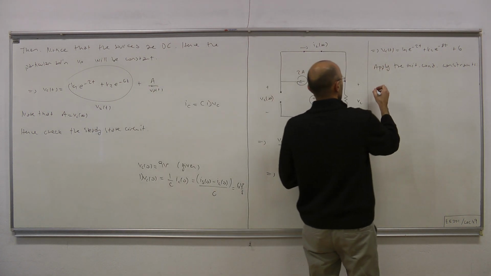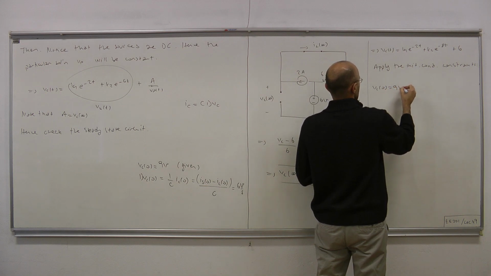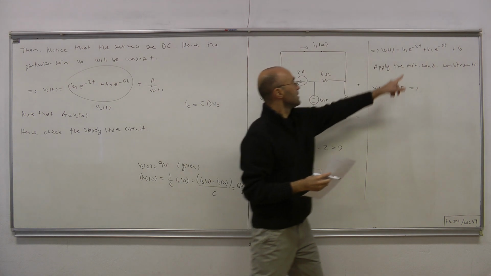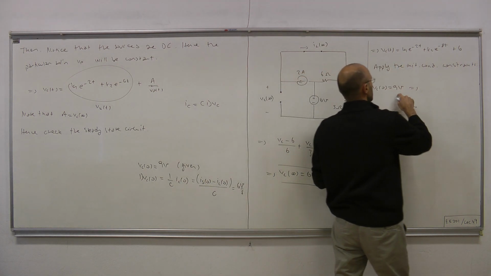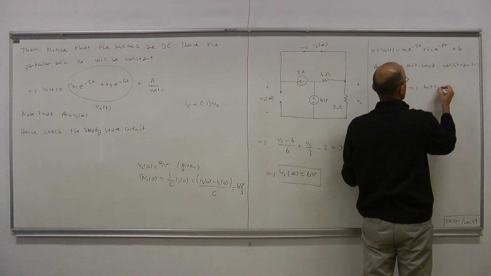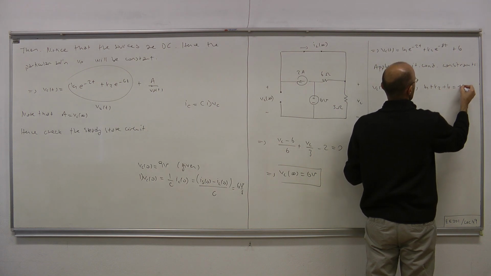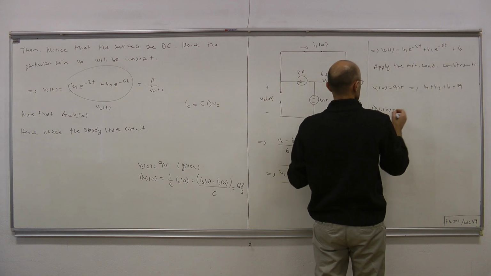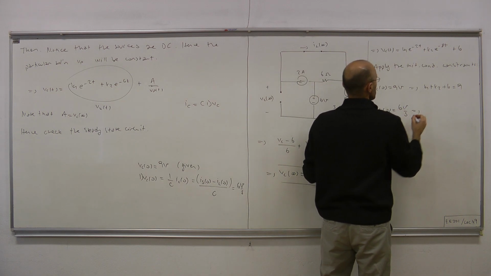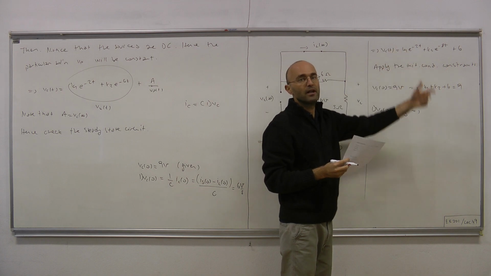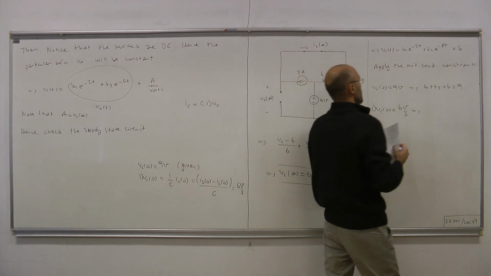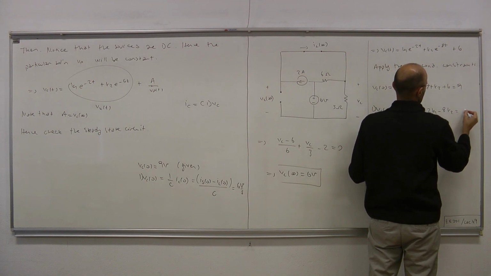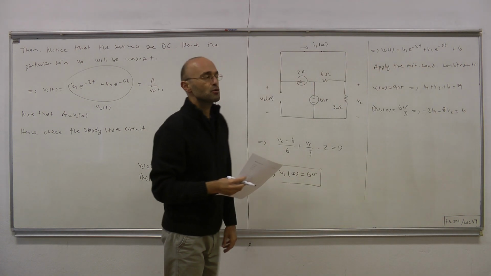We have VC(0) equals 9 volts. Plug in t equals 0 and equate that to 9, so K1 plus K2 plus 6 equals 9. dVC/dt at 0 equals 6 volts per second. Differentiate, plug in t equals 0, and we have minus 2 K1 minus 8 K2 equals 6. 2 equations, 2 unknowns.